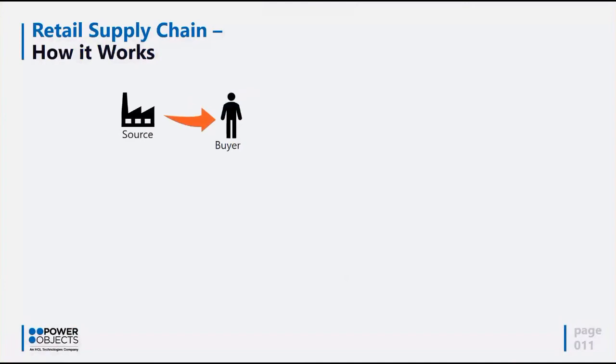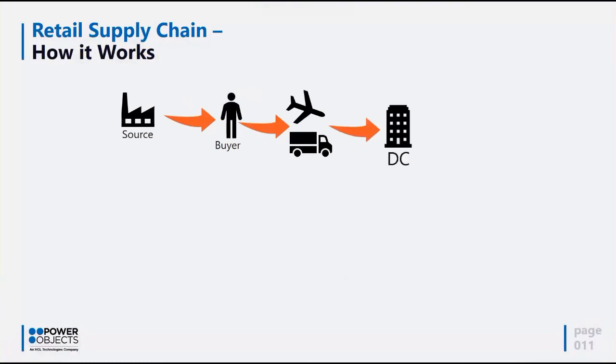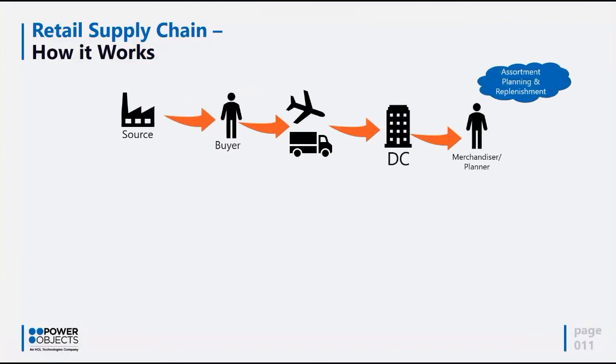They then together source the product, and then that product is shipped to a DC where it is received, and then the assortment, planning, and replenishment starts for the retail stores, and then that is shipped to the retail stores.